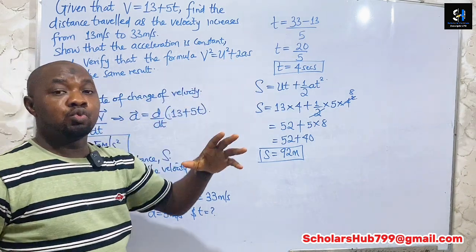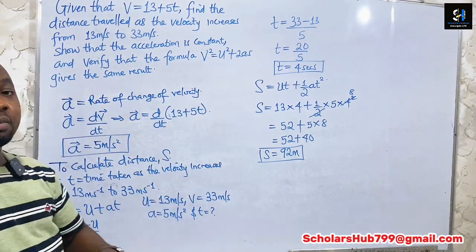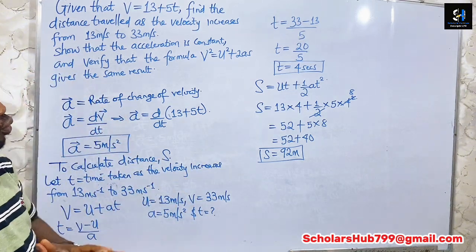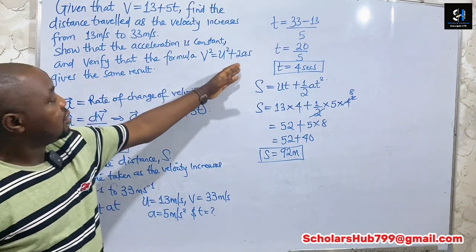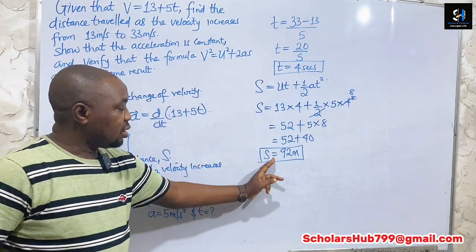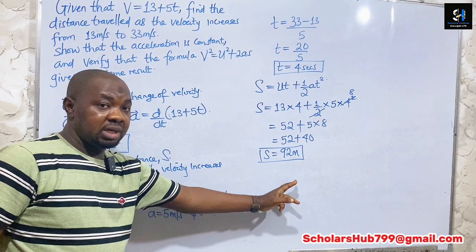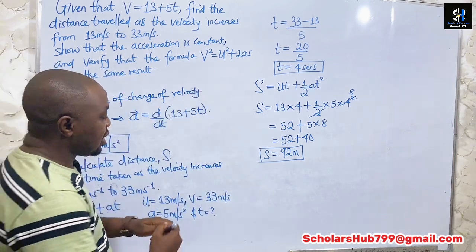Now, the last question is for us to verify that the formula v squared equals u squared plus 2as gives the same result, that the distance is 92 meters.